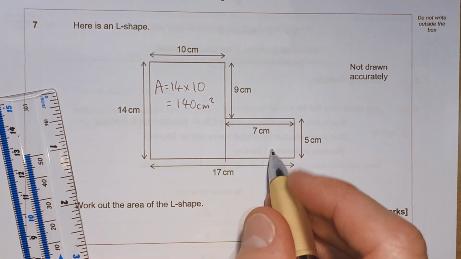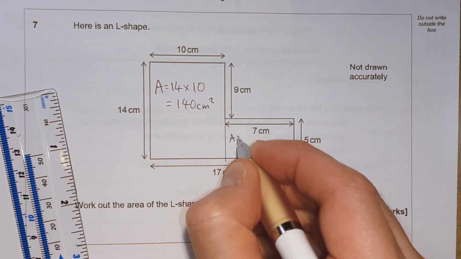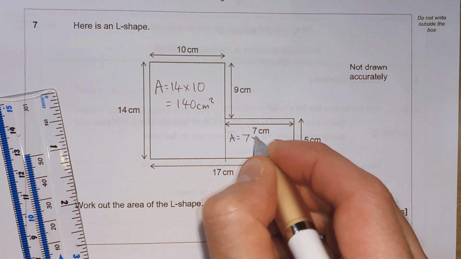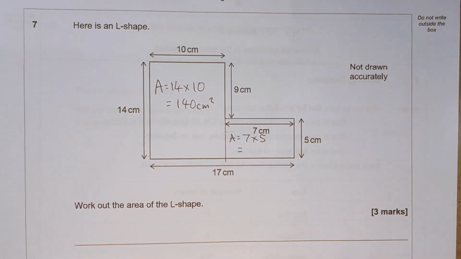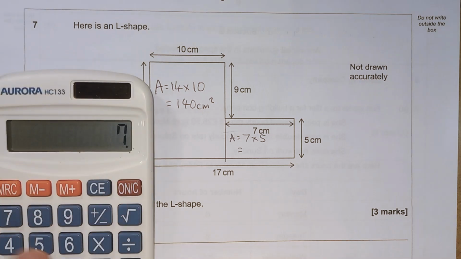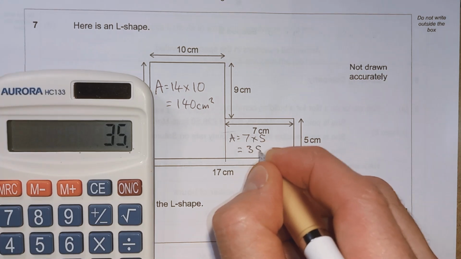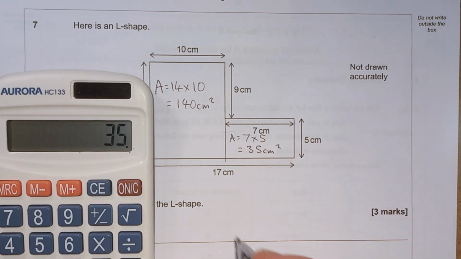Now for this rectangle, the area is going to be the length, 7, times the width, which is 5. And I'm going to use a calculator for this. Or you can, if you think you know what it is, you can get it and then check with the calculator. So 35 centimetres squared.